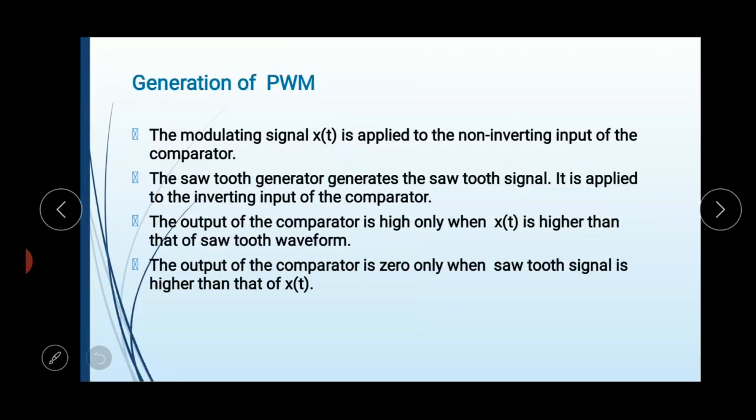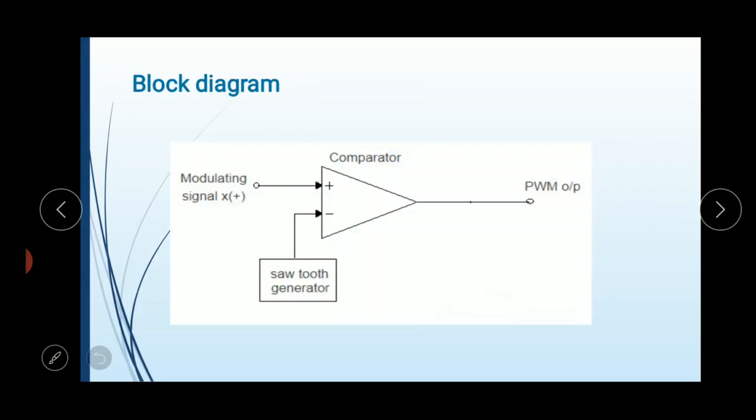First we discuss the generation of pulse width modulation. So this one is the block diagram. The block diagram consists of a sawtooth generator and a comparator. For every comparator we have to give two inputs to its two terminals.